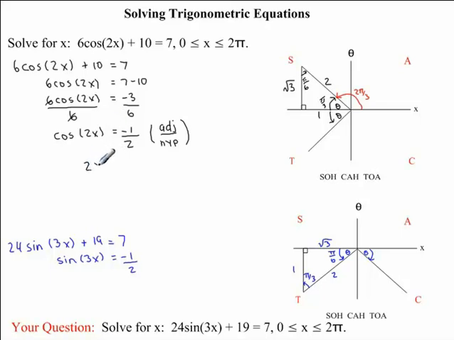So I'm going to write 2x is equal to 2 pi over 3. Now we need to solve for our second angle when we're in the third quadrant.